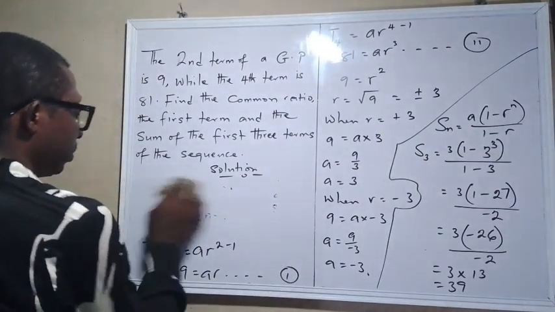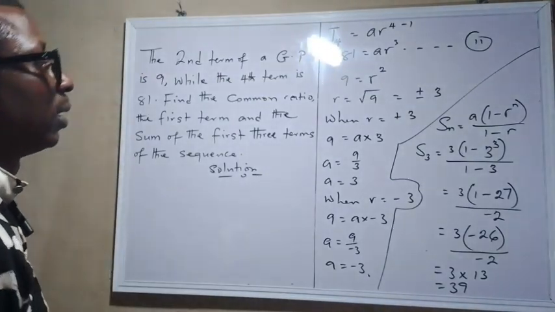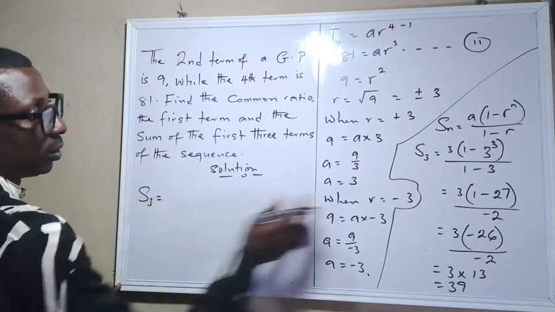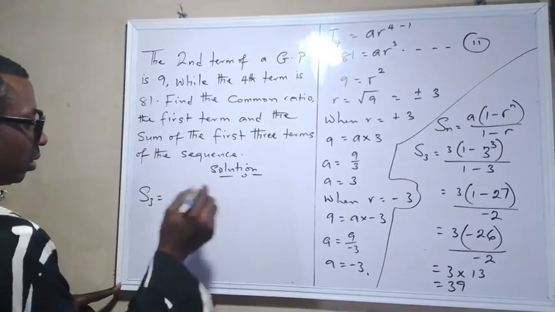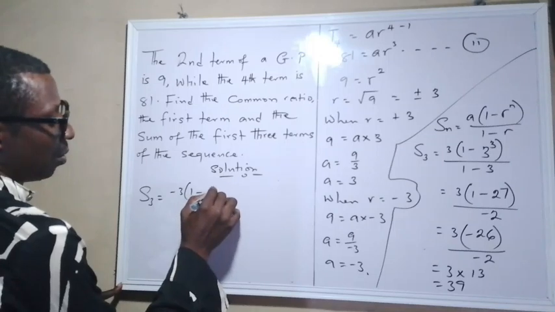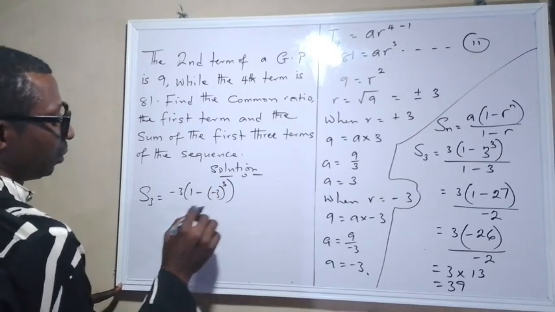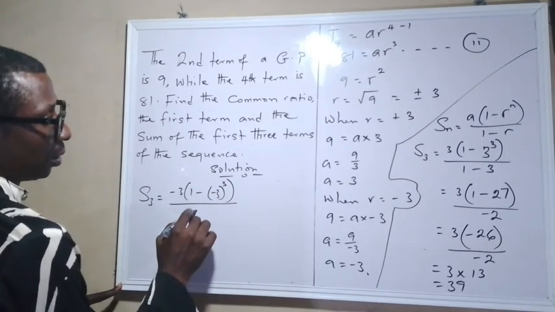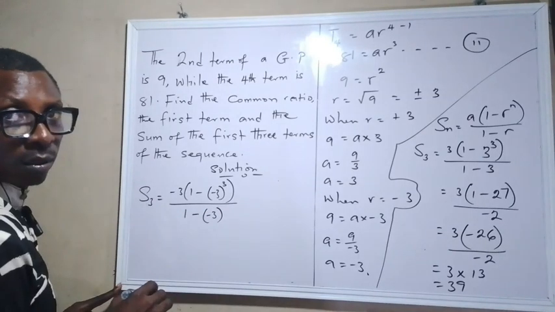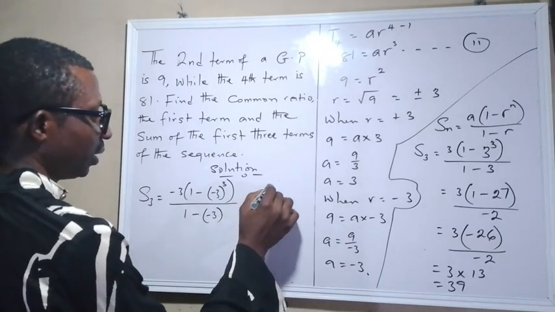And let us look at when A is minus 3 and R is minus 3. So S3 will now be, just substitute inside this formula, same way we just did that. So we have minus 3, 1 minus minus 3 raised to the power of 3, all over 1 minus minus 3.